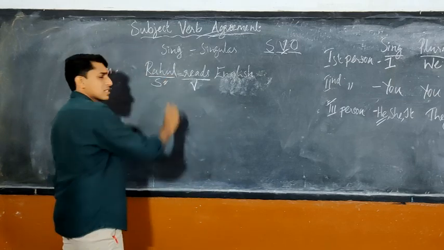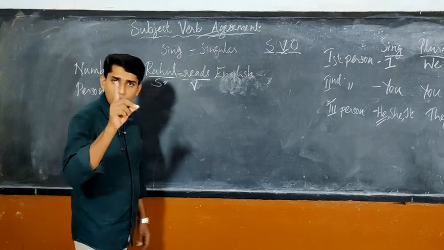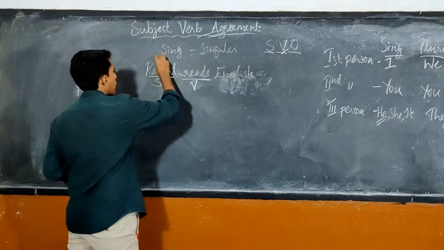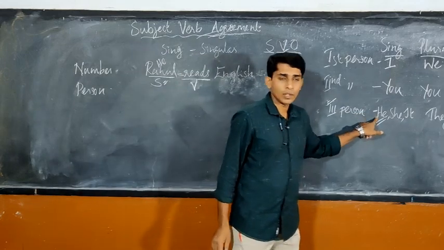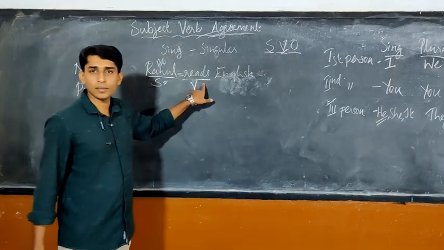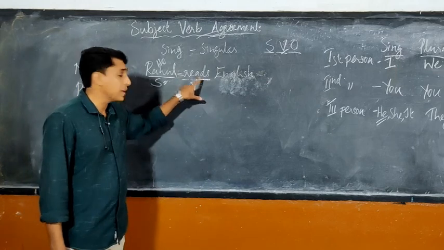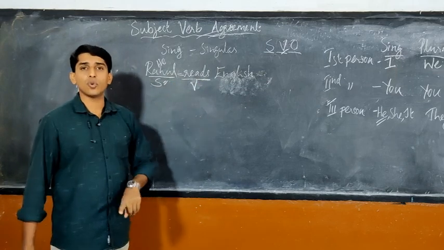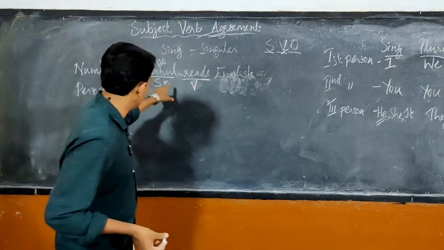What is Rahul's number? Is it singular or plural? Rahul is one person. The pronoun for Rahul is he. It is singular. So the verb should be singular. Reads is singular. The S form in present tense is singular. That means whenever you are using simple present tense, this is simple present.